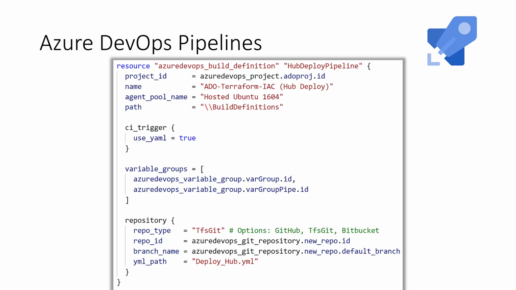We have the variable groups here that we're linking. The first one is the one with the secrets from the Key Vault. The second one is the general variables that I have for the pipeline, like the subscription ID, the tenant ID, and so forth. And then we're linking it to the repository that we're building brand new as part of this deployment.